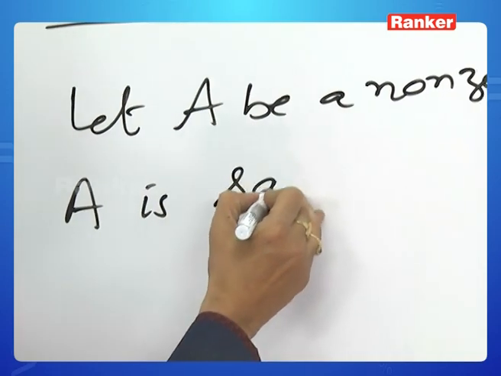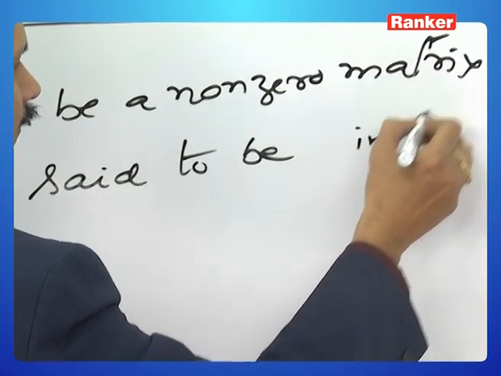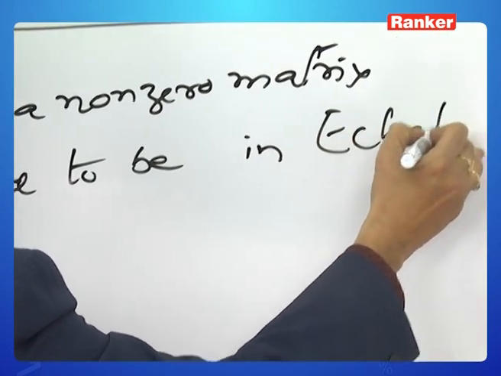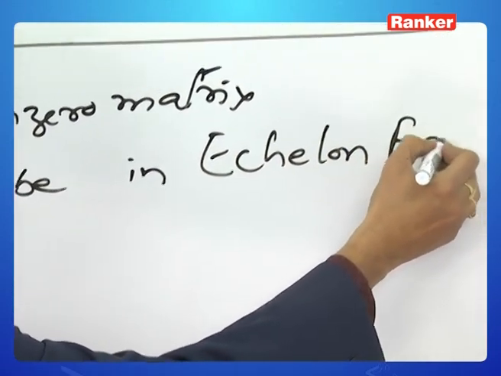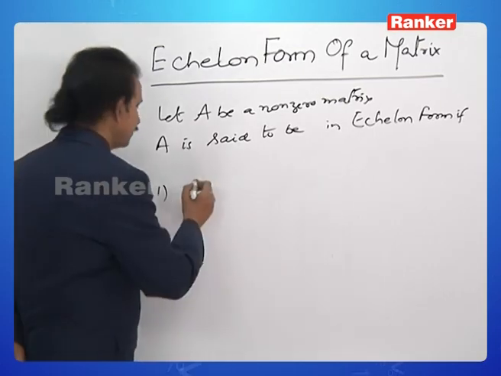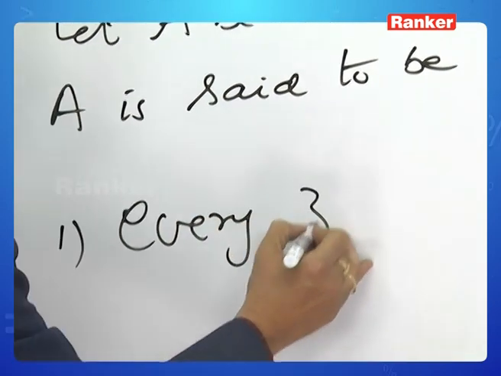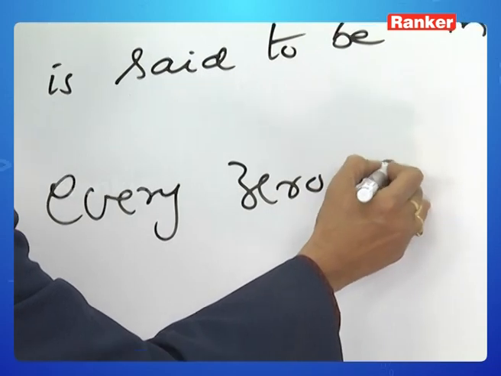A is said to be in echelon form if, first condition, every 0 row lies below all the non-zero rows.